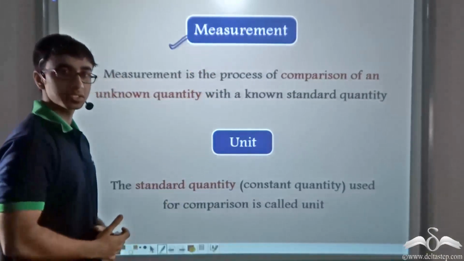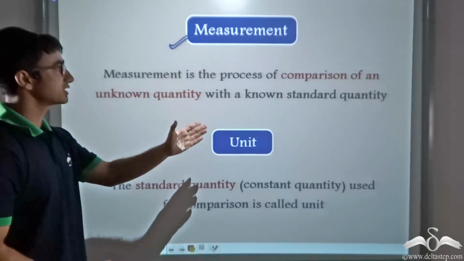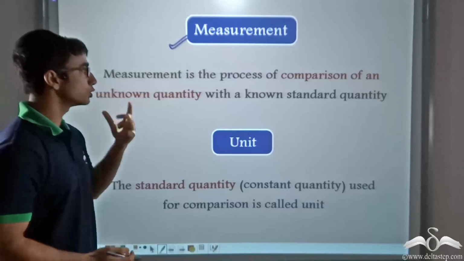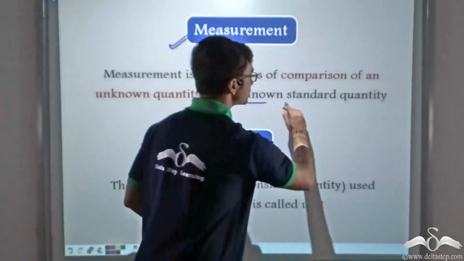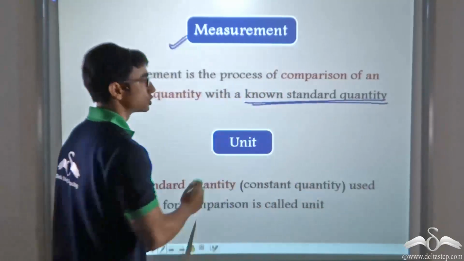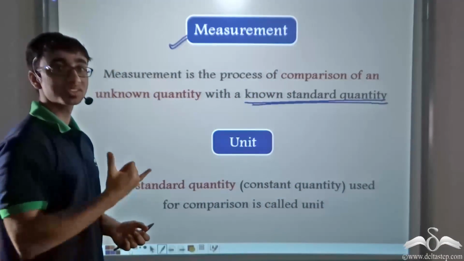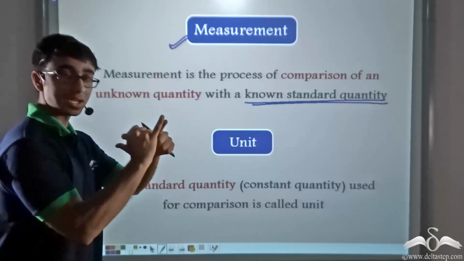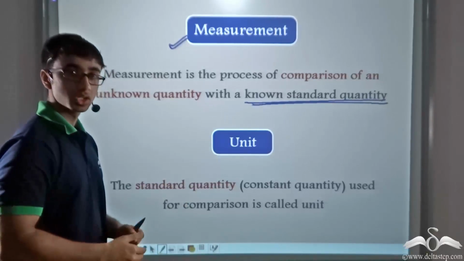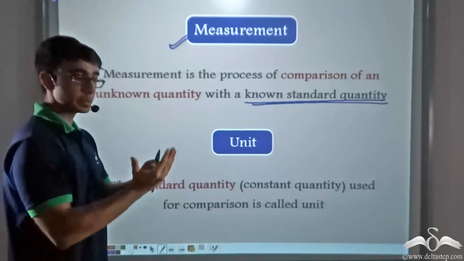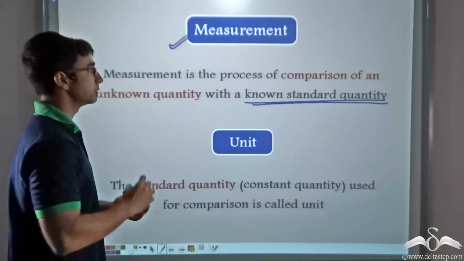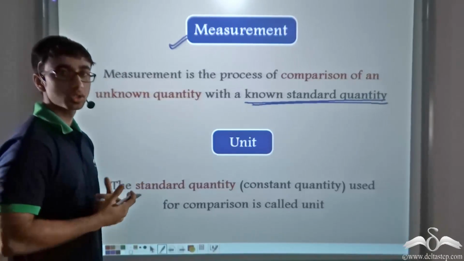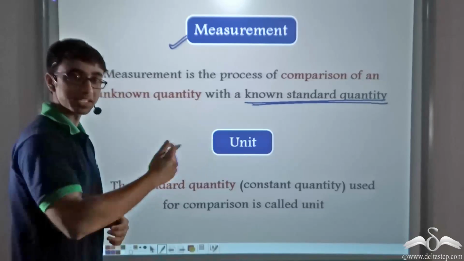So, what is measurement? Measurement is the process of comparison of an unknown quantity with a known standard quantity. So, in ancient times, the known standard quantity used to be a handspan or a foot or a cubit. And with this was used to compare the length of a block or the distance in between two places.